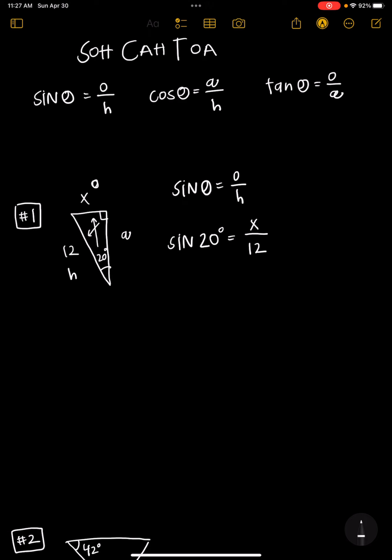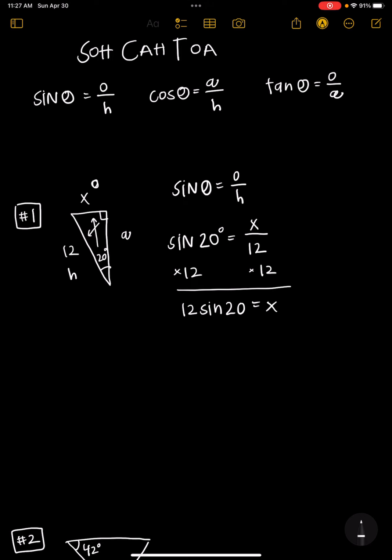Now we want to solve this for x. To solve for x, we need to get rid of the 12. The 12 right now is dividing the x, so to get rid of it, we have to do the opposite of dividing, which means we multiply each side by 12. And we end up with 12 times sine of 20 is equal to x.